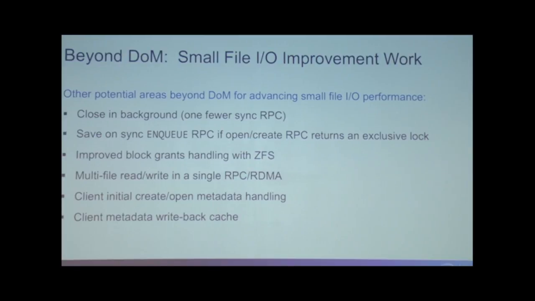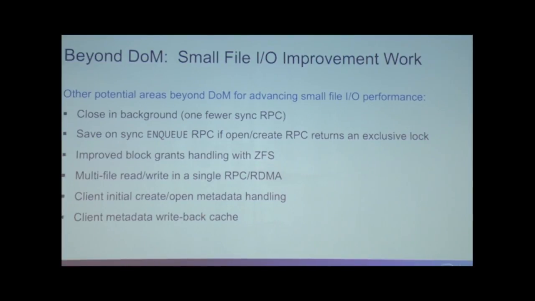So a few ideas. One is close in background, which seeks to make the MDS close synchronous RPC asynchronous, which will save us one synchronous RPC. We also have an idea on saving the enqueue RPC if the open and create RPC would return an exclusive lock up front.